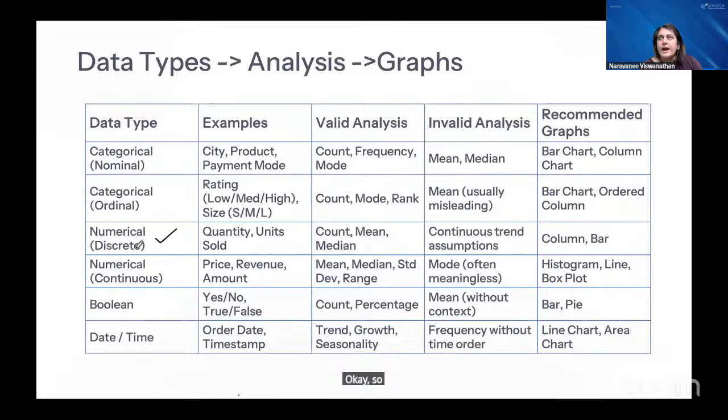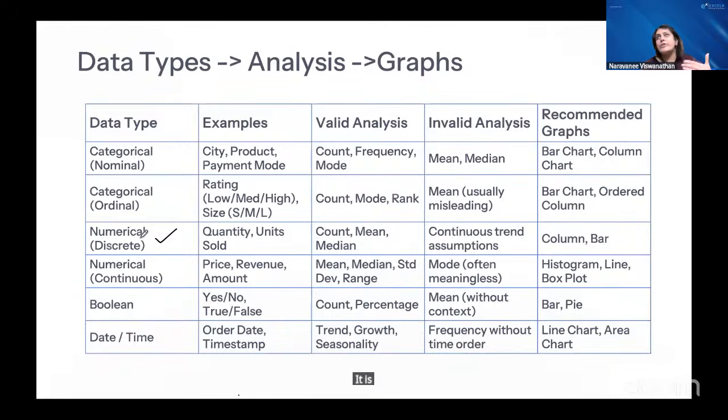So here, I can find the median, the mean, the mode, and I can count. Am I making sense, everyone? This is not measuring, guys. This is basically counting. Discrete data is counting data only.